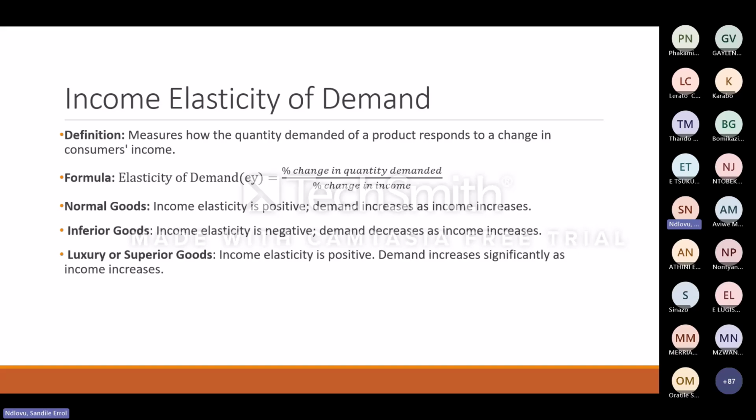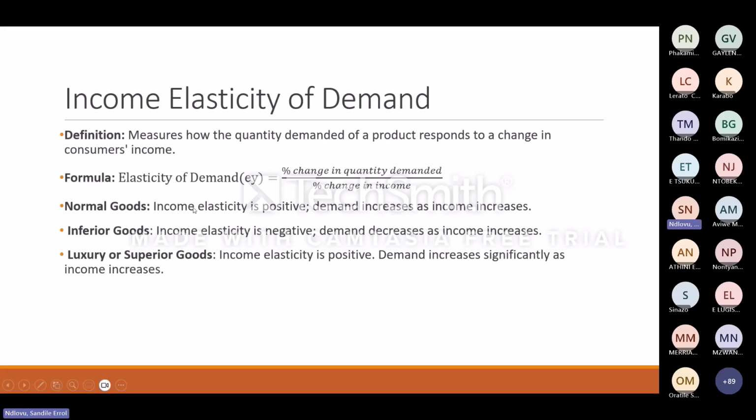So maybe that is instant noodles, or maybe your fat cooks, or amakwenya, okay, or any other inferior good that you don't spend on unless you have a tight budget, because you are just trying to survive, all right? So you have those three types of goods: your normal goods, your inferior goods, and your luxury goods, which are extremely expensive, right?